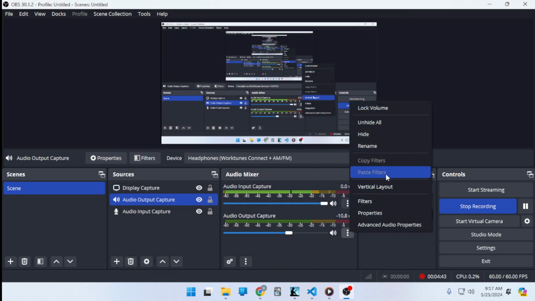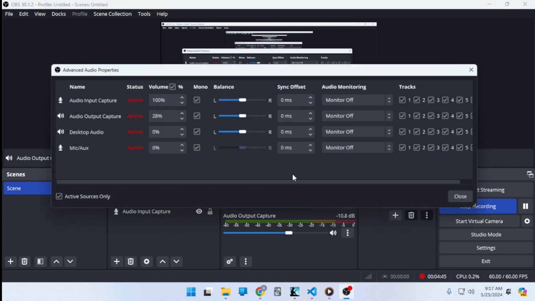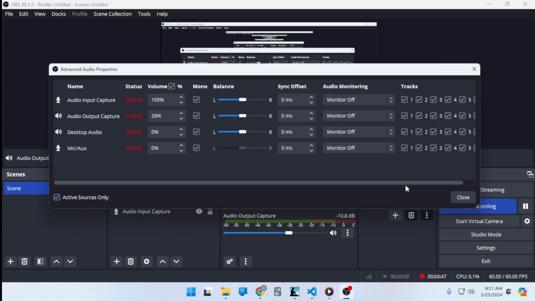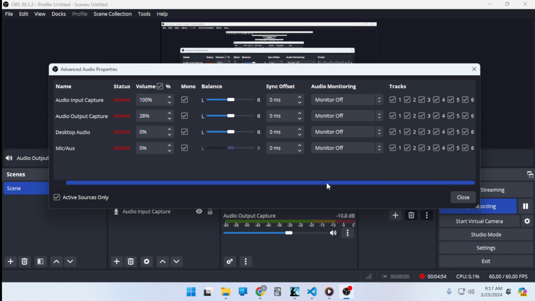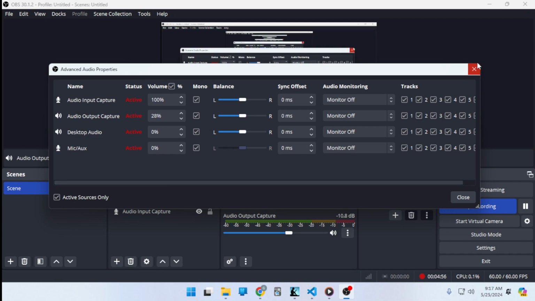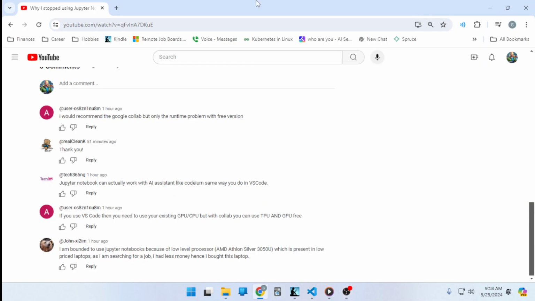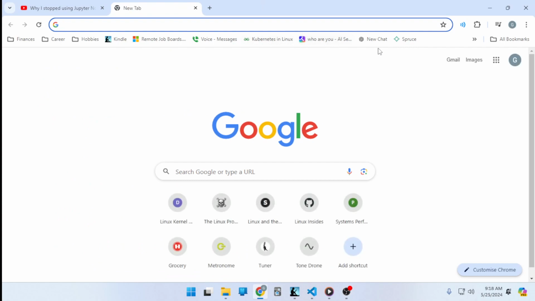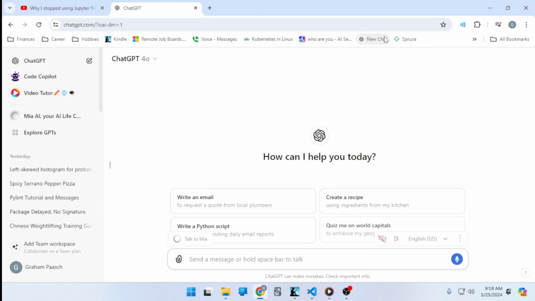So what you can do is disable monitoring mode, go into advanced audio properties, and somehow disable monitoring mode on it.